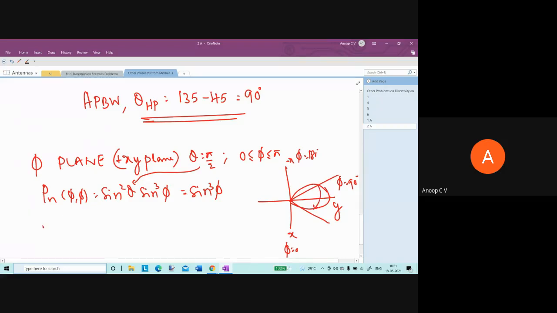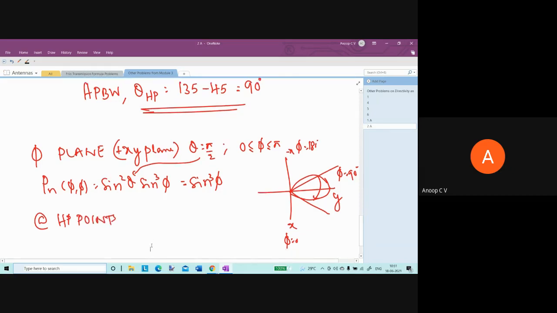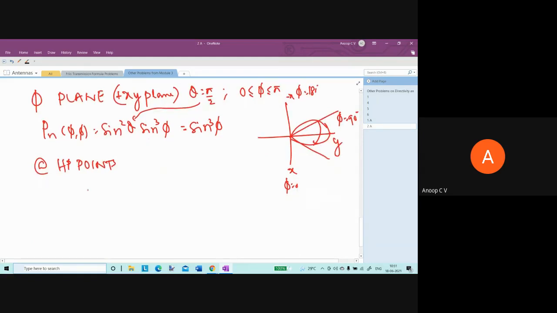So at half power points, I can write sine cube phi is equal to half, which implies sine phi is the cube root of half.